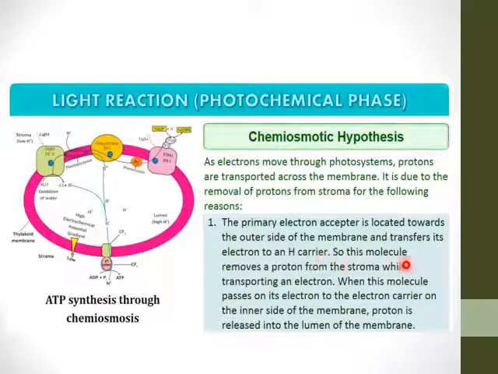So this molecule removes a proton from the stroma while transporting the electron. This is your grana and this outer surface is known as your stroma. When this molecule passes the electrons to the electron carrier on the inner side of the membrane, this is your electron carrier, a proton is released into the lumen.